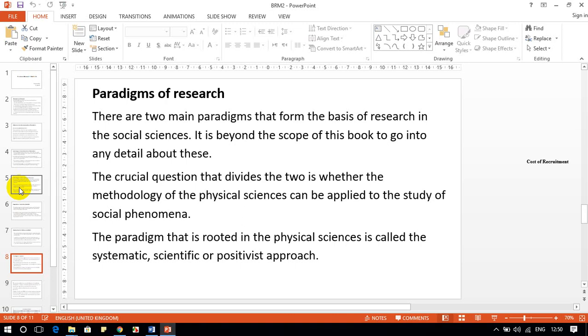The other thing is that the crucial question that divides the two is whether the methodology of the physical science can be applied to the study of social phenomena or not. The major question in all research, in every corner of the world, is whether we can implement the solution found for this particular issue. Is it possible to implement it or not? This is the question that has been generated.